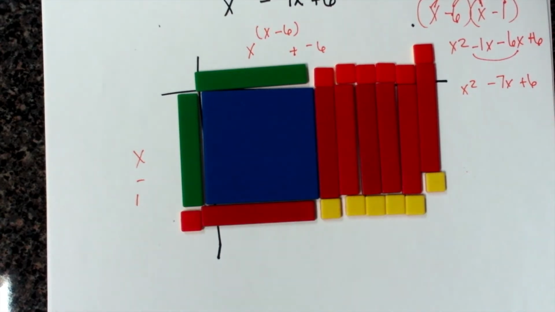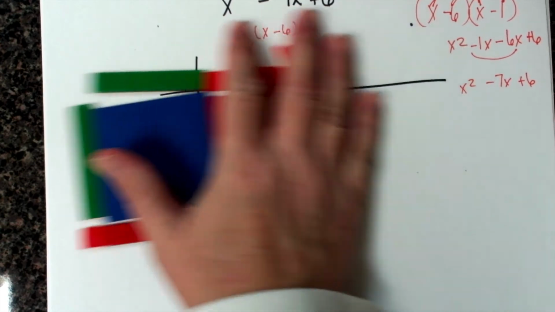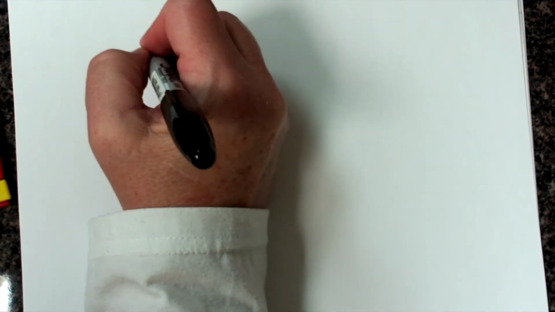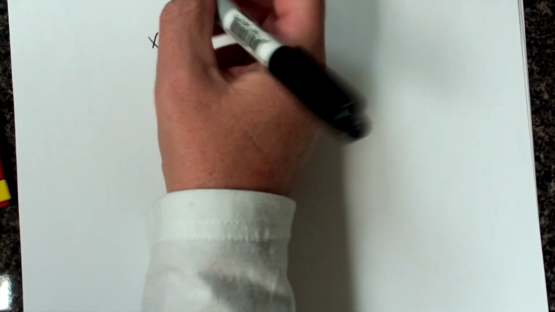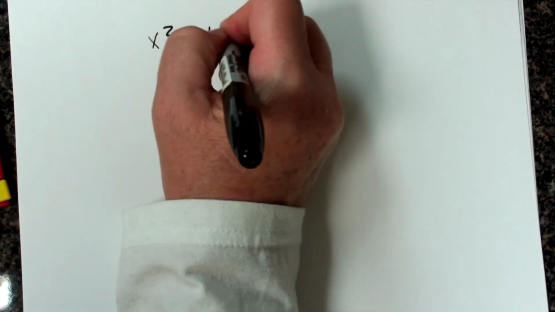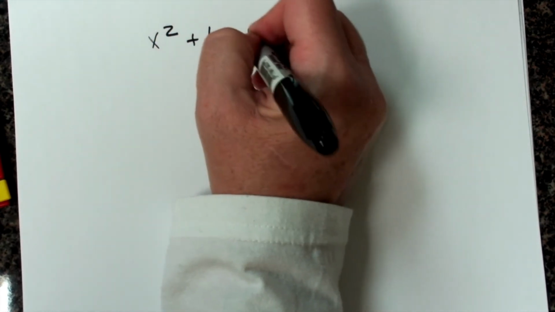Now let's do another one. So let's slide this off. And let's do one more. Now with this one, let's do x squared plus 6x plus 8.